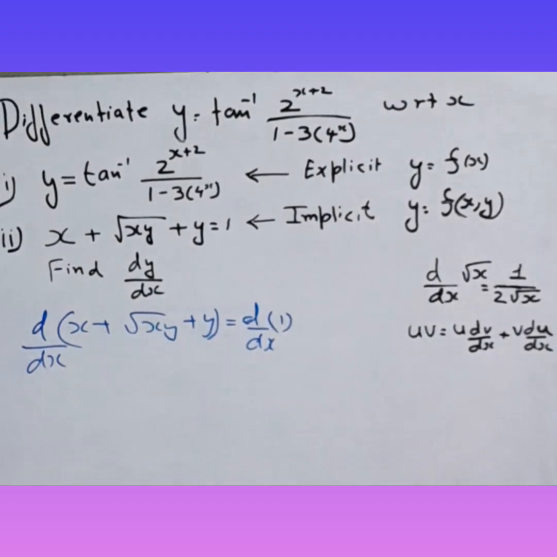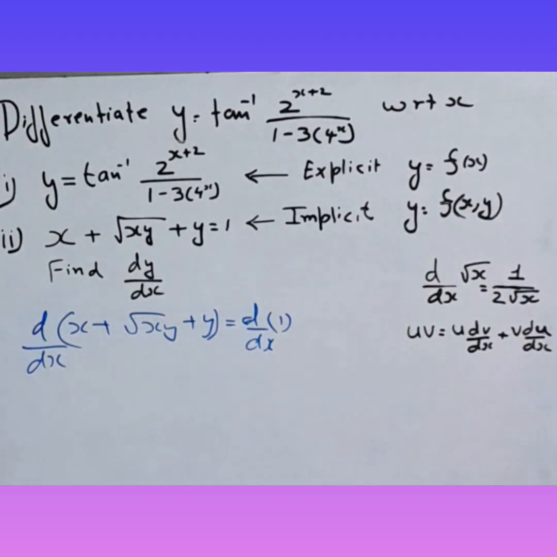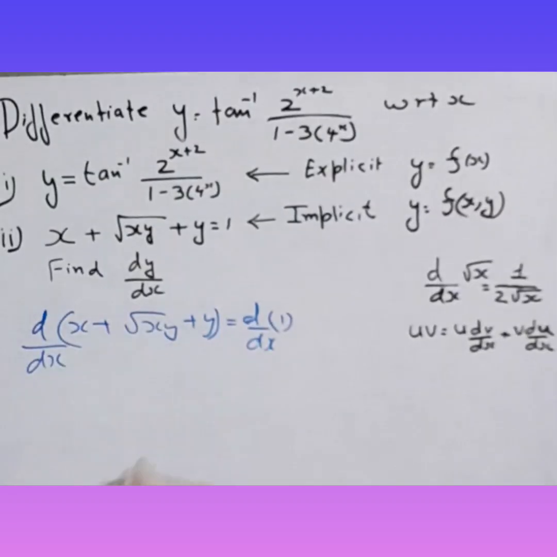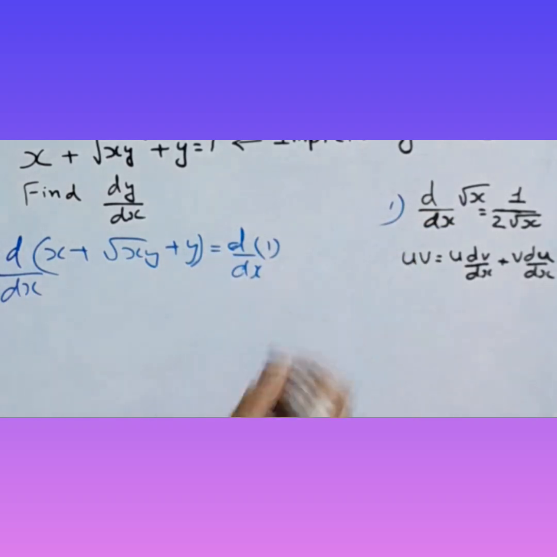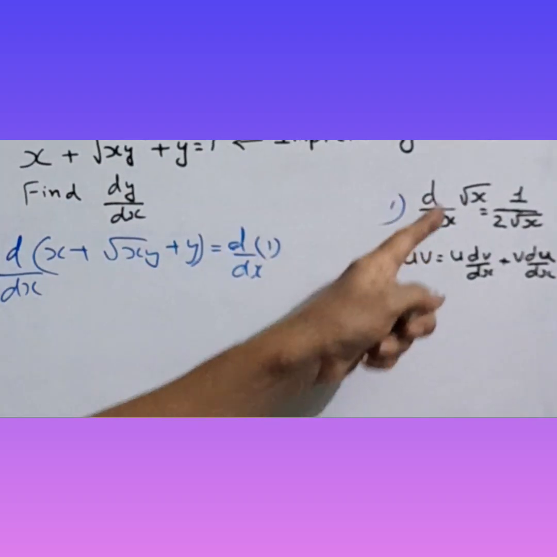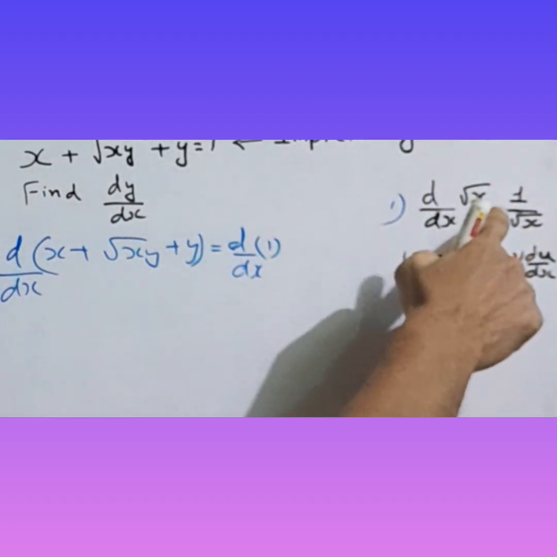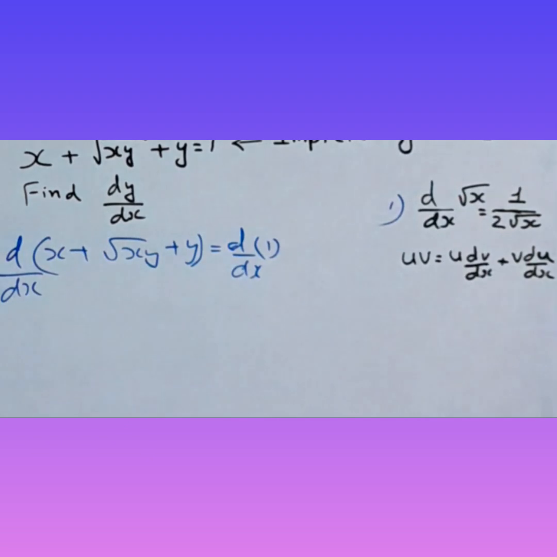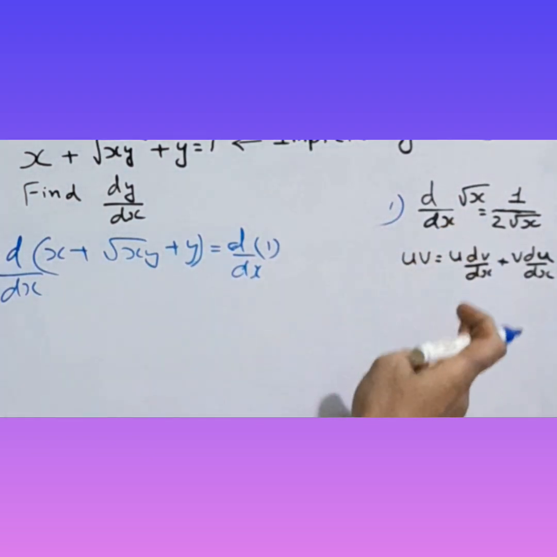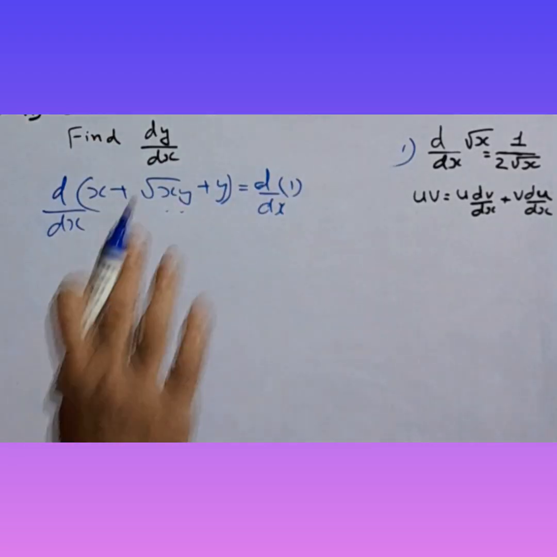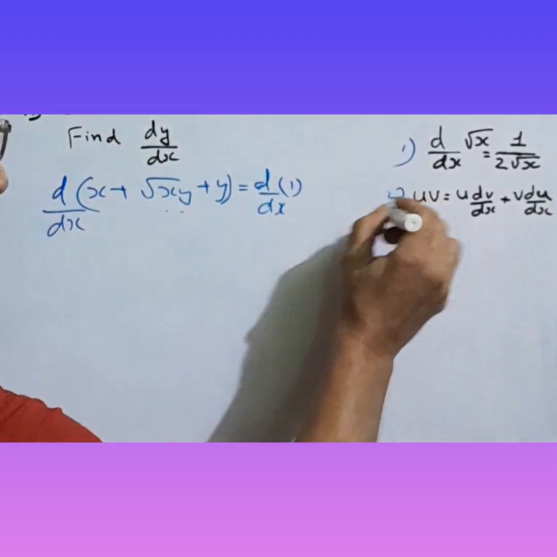Before getting into it, these are the parameters we have to keep in mind. First, when we do d by dx of root x, it is 1 over 2 root x, and if it is uv, then we have u dv by dx plus v du by dx. Very simple, right? So let's proceed keeping these two things in mind.